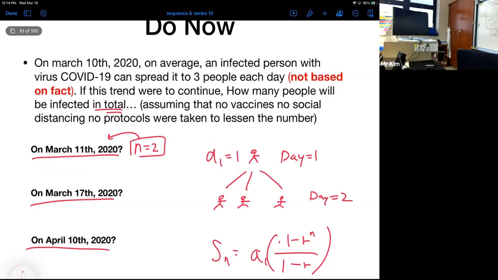Yeah, it's because the common ratio here is this the one? No, that's the one. Why do you have this 2? 1 minus 3, not 3 in the denominator. 1 minus 1.